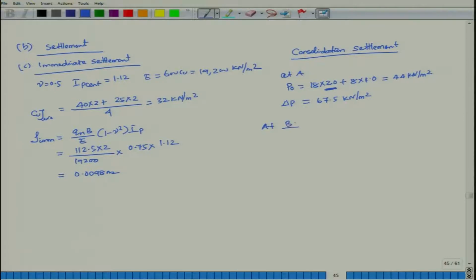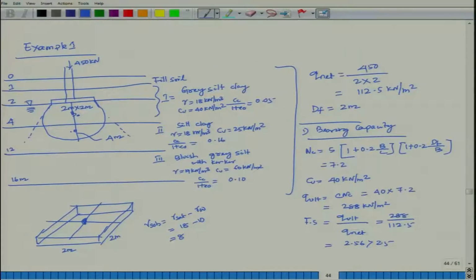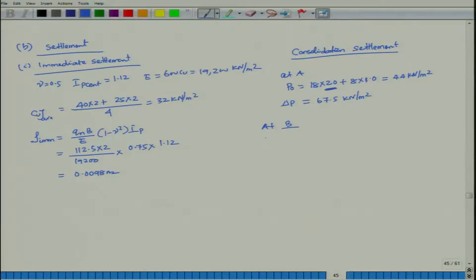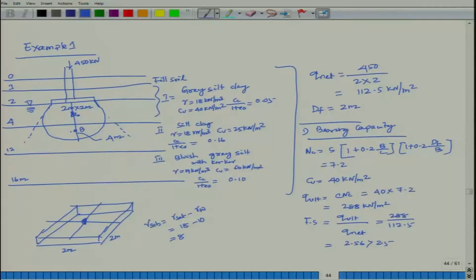At point B, that means here if I put it A, this is A, this will be B. At point B, P0 is equal to 18 into 2 plus 8 into 2 plus 8 into 1.0, which is equal to 60 kilonewton per meter square. 18 into 2 up to here, because water table is here, gamma is 18. 18 into 2 plus 8 into 2, where 8 is your submerged unit weight, up to 2 meter, then 1 meter will be there at the center, again it is 18.